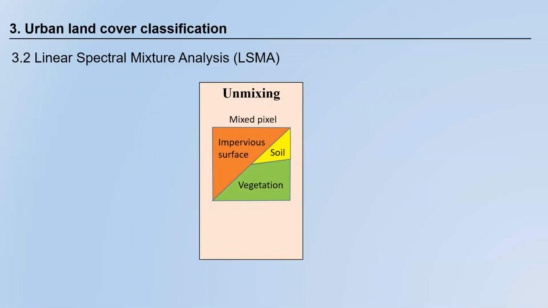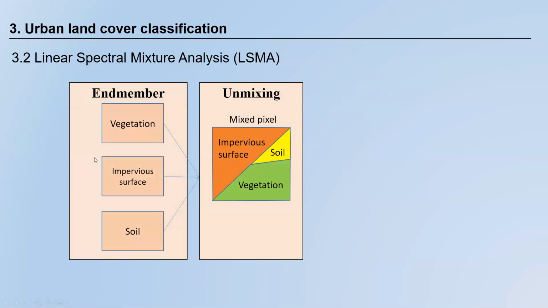So eventually, for each pixel, I want to know the abundance for impervious surface, abundance for soil, and abundance for vegetation. It could be 0, right? There could be no soil, then 0. But that's the idea. That's what we want. So how to do that? Now we introduce another term here. It's called end member.